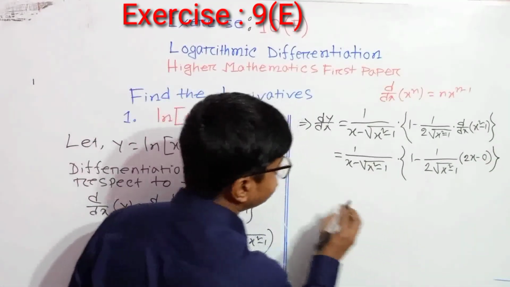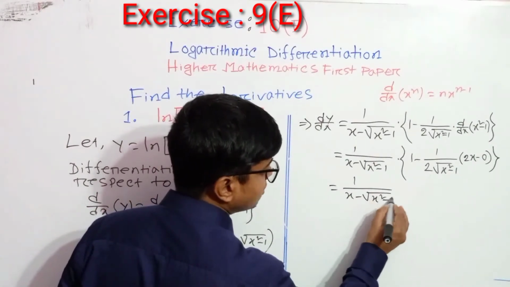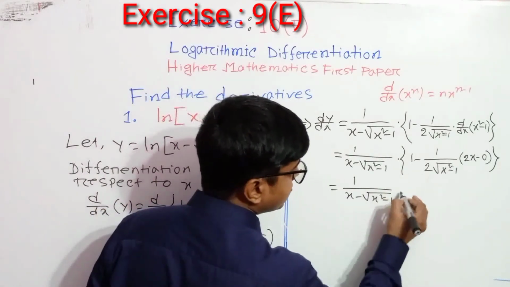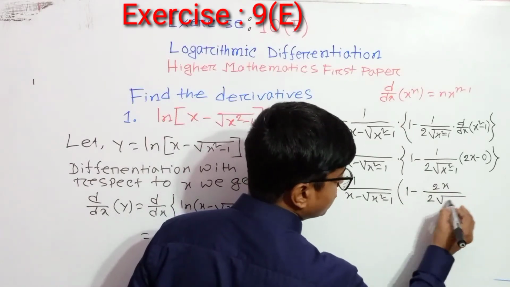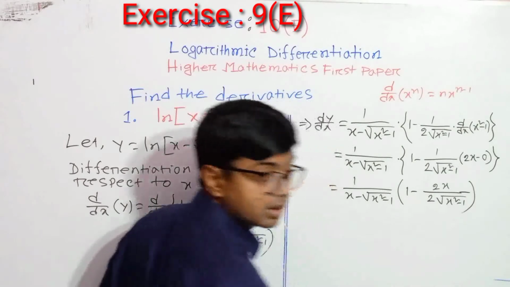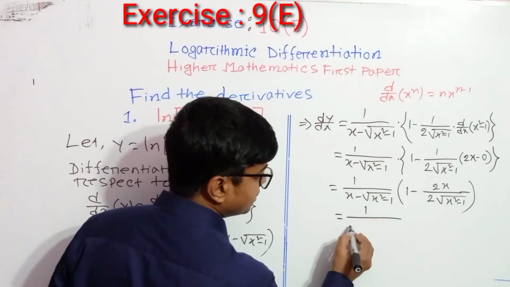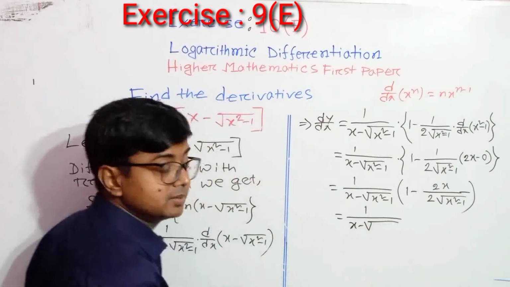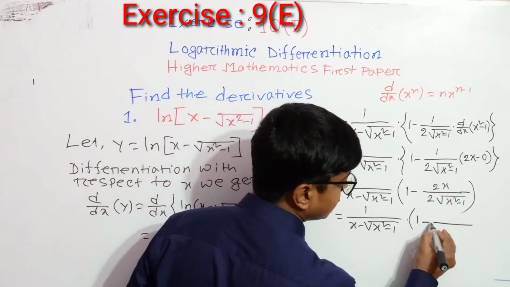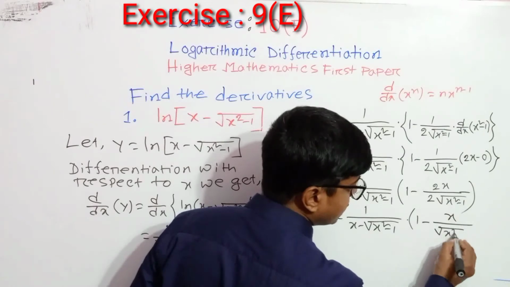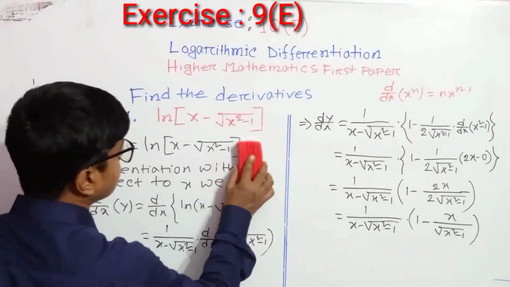Now 1 by x minus root over x square minus 1 into 1 minus twice x by 2 root over x square minus 1, and here 2 and 2 will be cancelled, so 1 by x minus root over x square minus 1 into 1 minus x by root over x square minus 1.